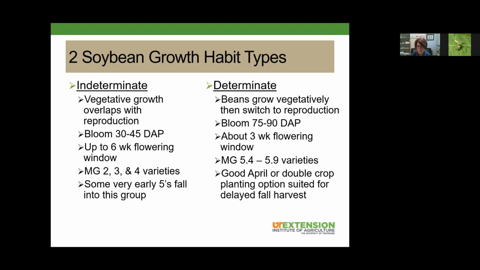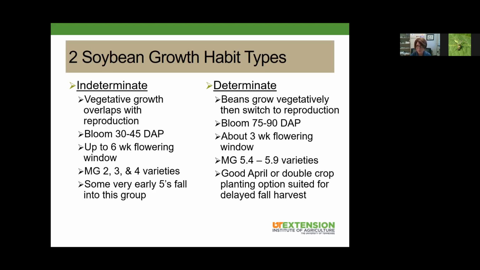Well, about the time I was hired by UT, we started incorporating some of these indeterminate growth habit types, and they've become the predominant variety now. Indeterminate growth has been really beneficial for us because we can plant these, they come out of the ground, and when they're about 5, 6, 7 nodes, they'll start to bloom. They'll also keep putting new leaves on that main stem. So you've got vegetative growth overlapping with reproduction, a lot of stuff going on at once.